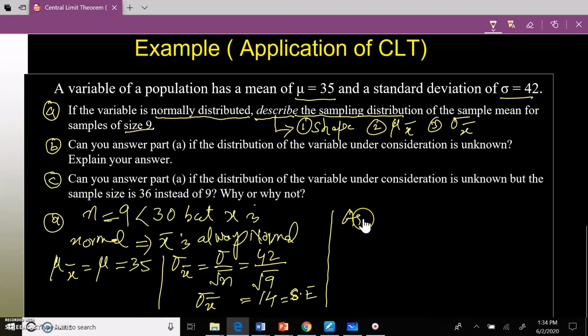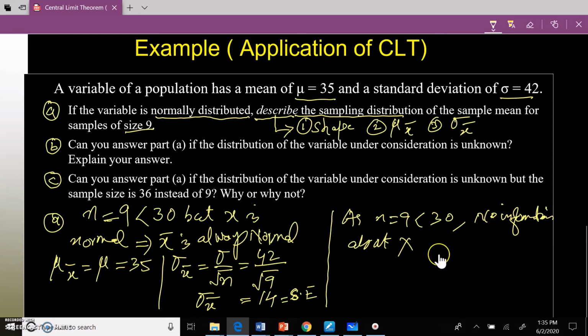As n is equal to 9, which is less than 30, and we have no information about x, the parent distribution, it implies no conclusion can be drawn. No conclusion can be drawn.